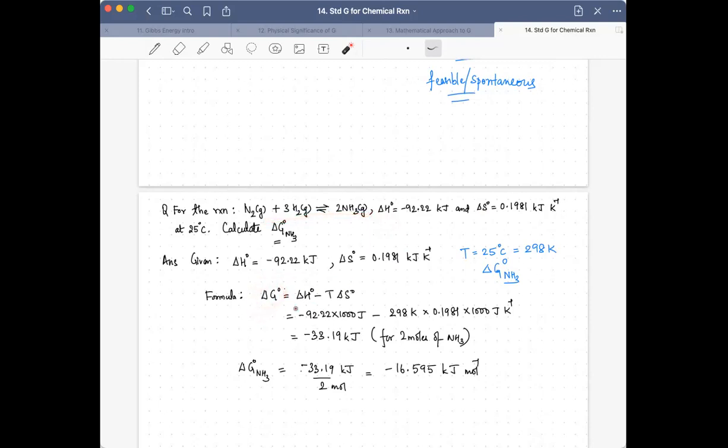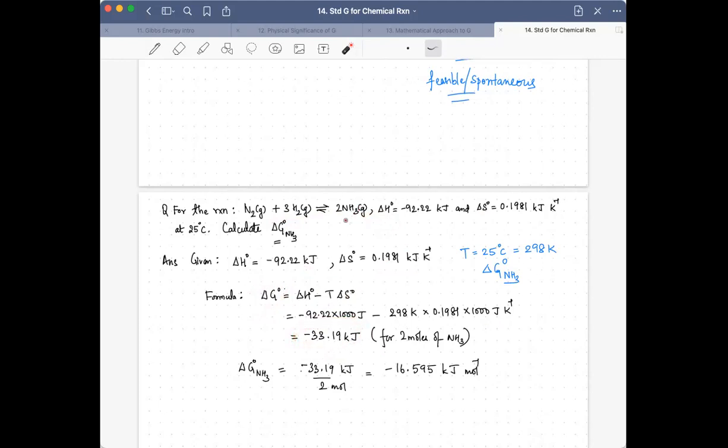You simply use this formula, delta H naught minus T delta S naught, substituting the respective values, where you convert the kilojoule into joules by multiplying by 1000, and you write the temperature as 298 Kelvin. Delta S is 0.918 kilojoule, again multiplied by 1000, so it becomes joule per Kelvin. When you solve it out, it comes out to be minus 33.19 kilojoule.